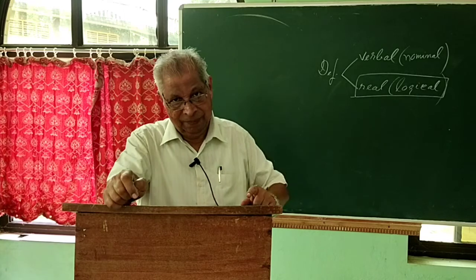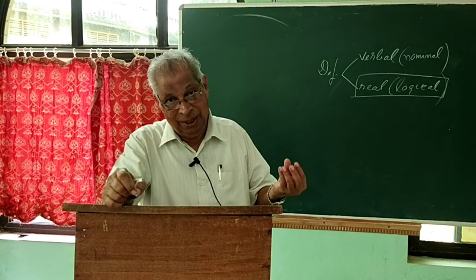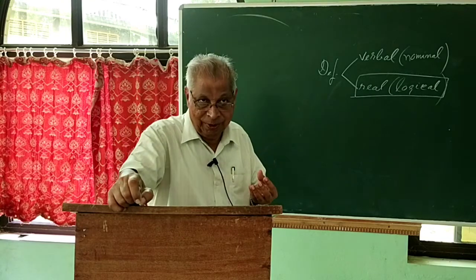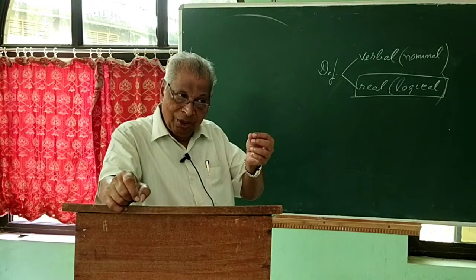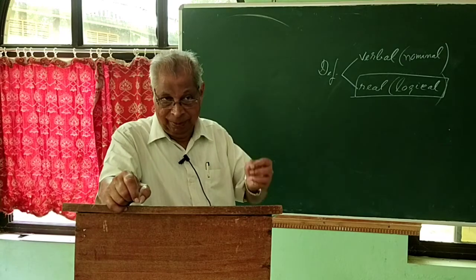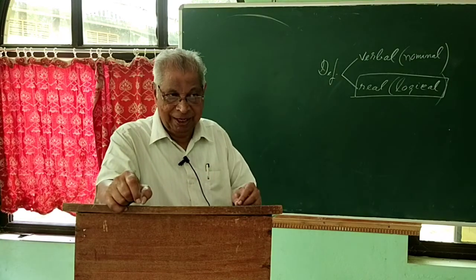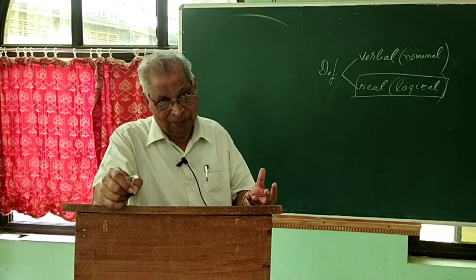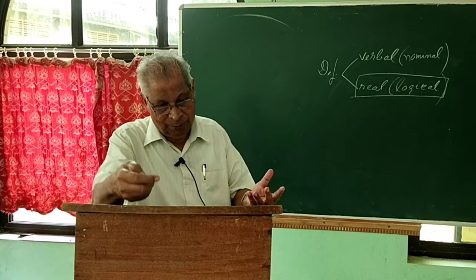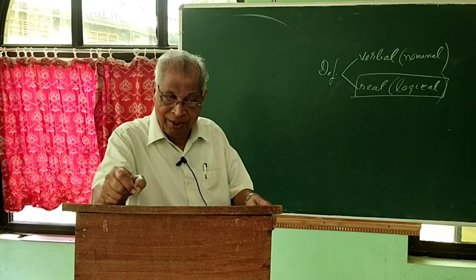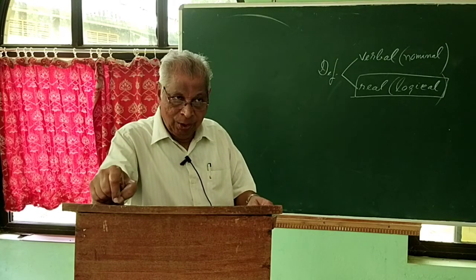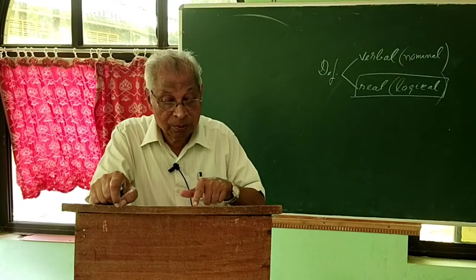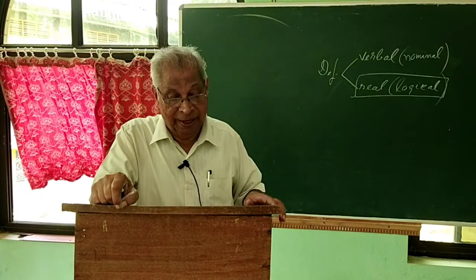The first one is only what the word means. Looking at the word philosophy, looking at the meaning of the word, the etymological meaning. The same example will come again: philosophy means love of wisdom. The two Greek terms with which the term philosophy is coined are philia and sophia.